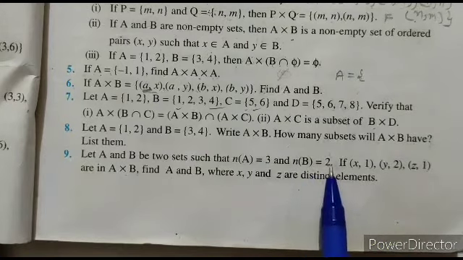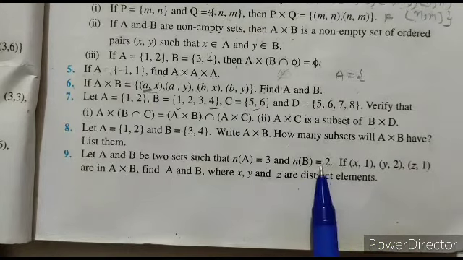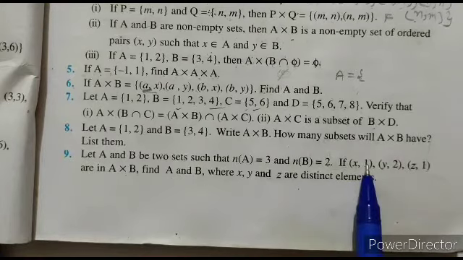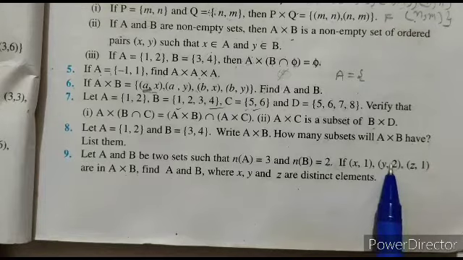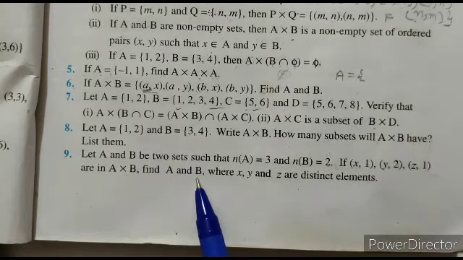Set B has 2 elements, so set B will have the elements 1 and 2, and after that we can find A cross B.